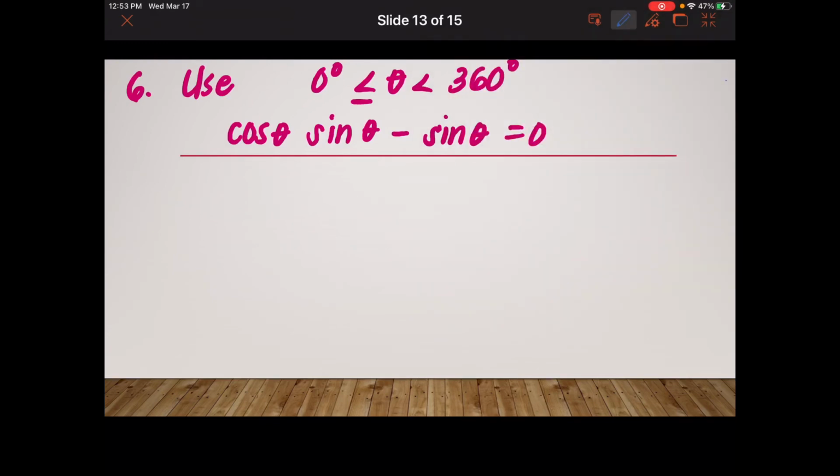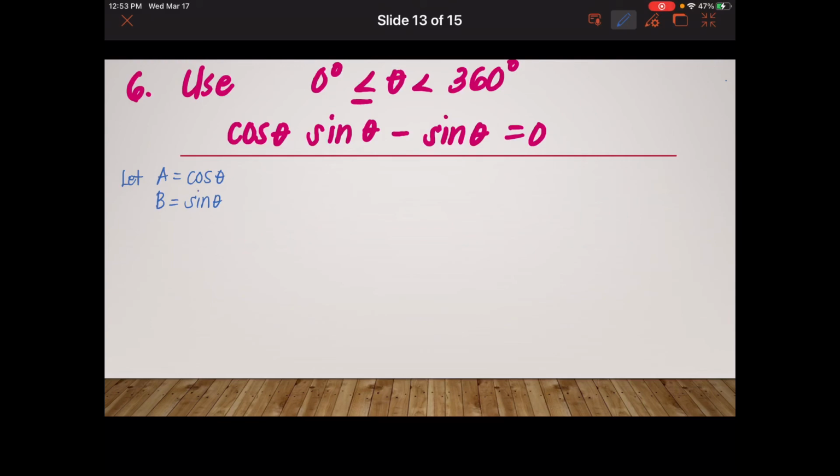Now, if you are familiar with substitution, we have to substitute one of them as a certain variable. Since we have two functions, I can substitute one using a. So let's say I will let a be equal to my cosine theta and b will be my sine theta.